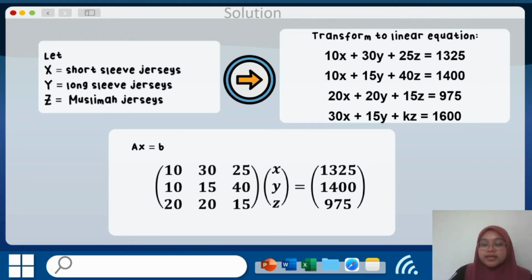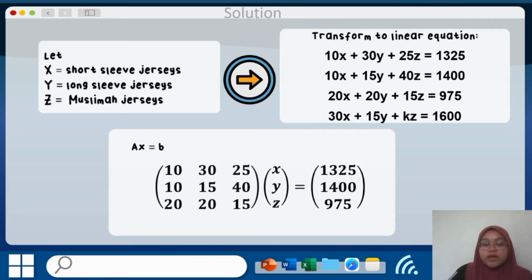For example, in January, 10x plus 30y plus 25z equals 1,325. And then in February, 10x plus 15y plus 40z equals 1,400. And then in March, 20x plus 20y plus 15z equals 975. And then in April, 30x plus 15y plus kz equals 1,600.